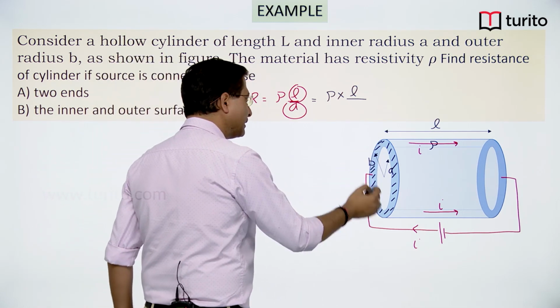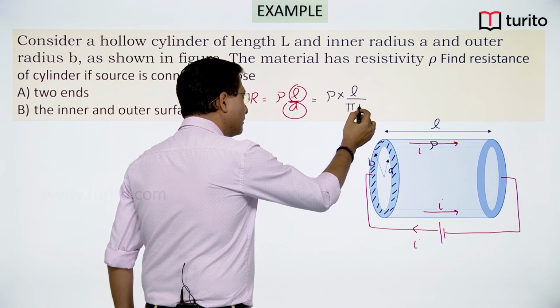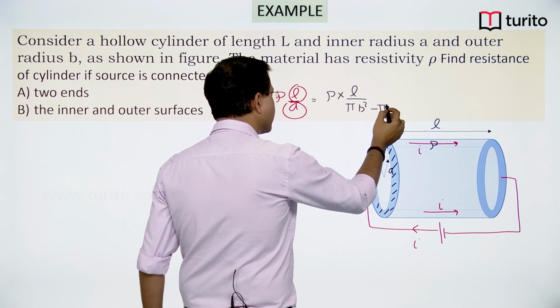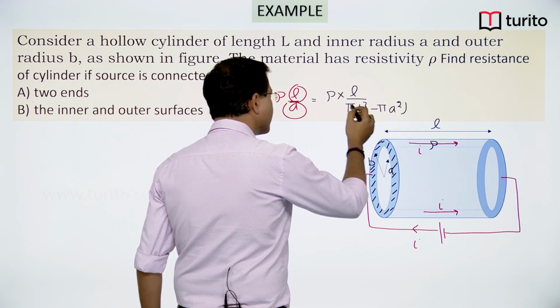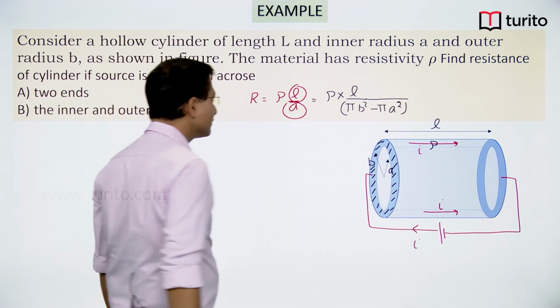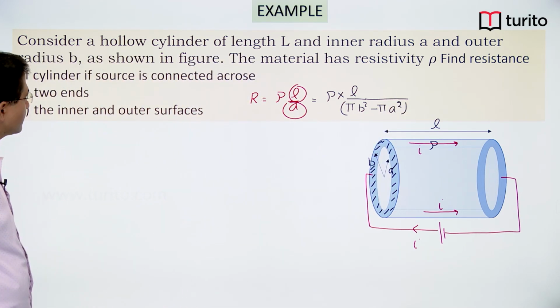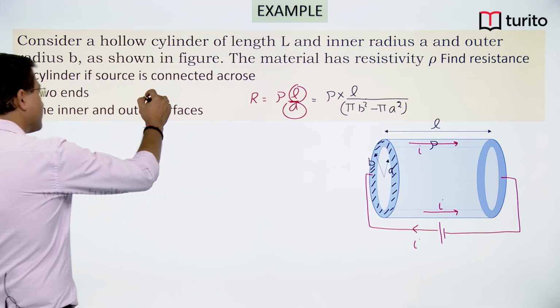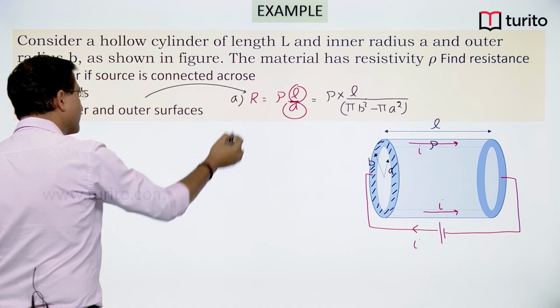We can calculate this area, that is pi B square minus pi A square. So this is the resistance of first part, okay, part A, simple.